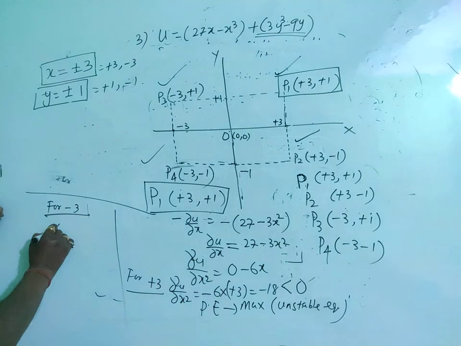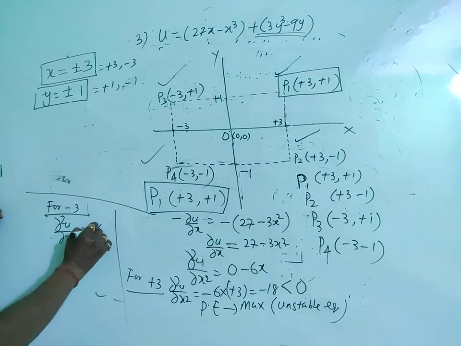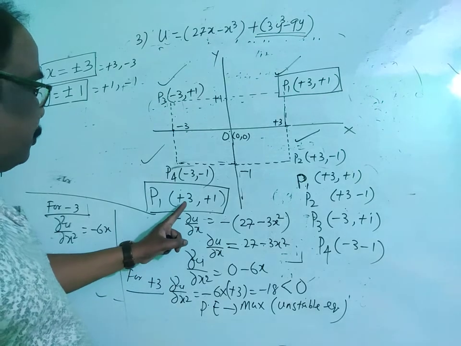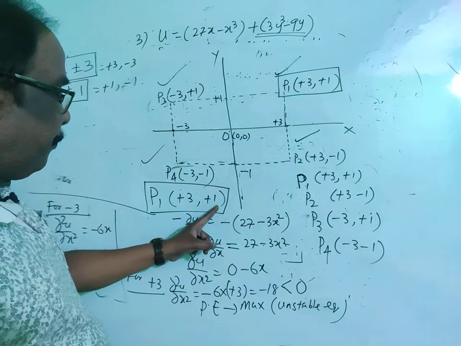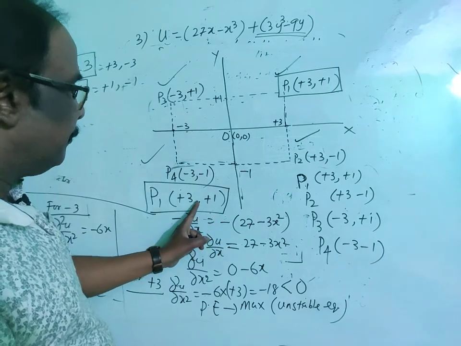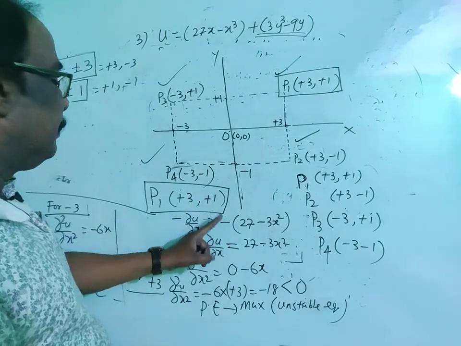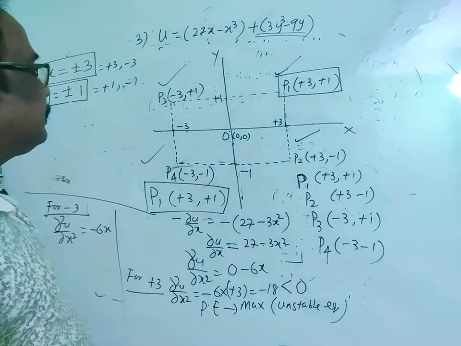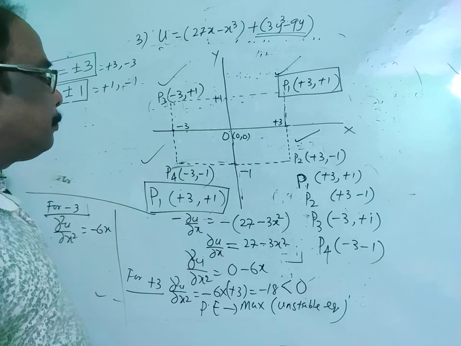Again, d square u by dx square is equal to minus 6x. This is the value of x, and this is the value of y, where y is 1. For x we have got x equal to plus minus 3.